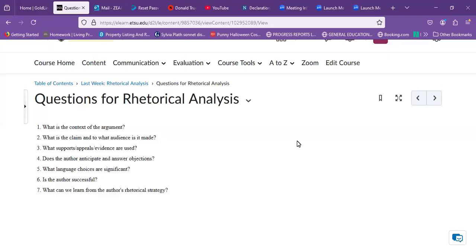Remember that we discussed three types of audiences. The person making the argument might name an audience in their speech. That's an invoked audience. But they might have an audience in mind that they're not naming in the speech, somebody to whom the audience is really directed, even though they're not named.